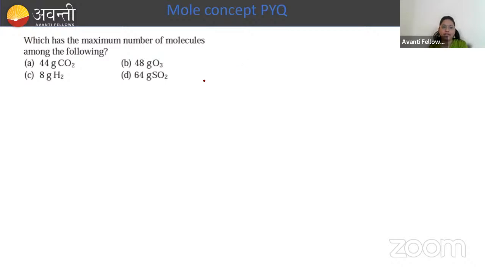When you do all those calculations, the way we solved the first two questions, you will find that option C, 8 gram of H2, will have the maximum number of molecules. Since 8 gram of H2 will have 4 moles, while all the others will have 1 mole each. That's why our correct option will be 8 gram of H2.